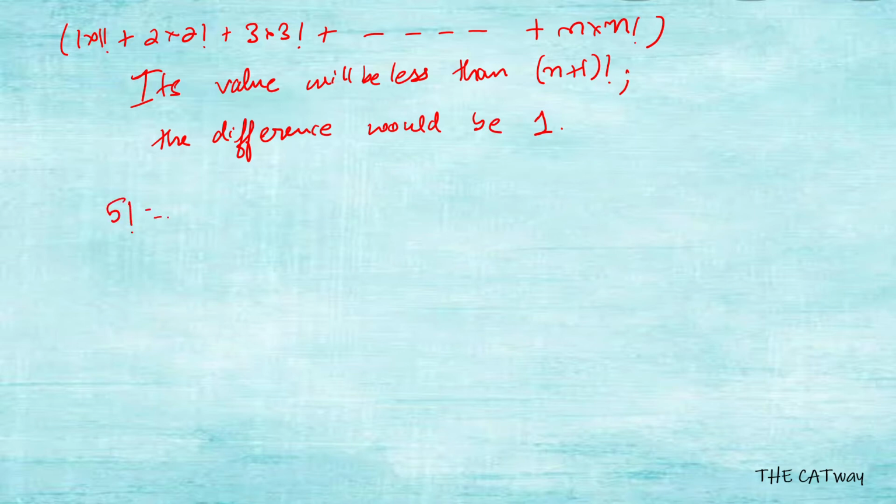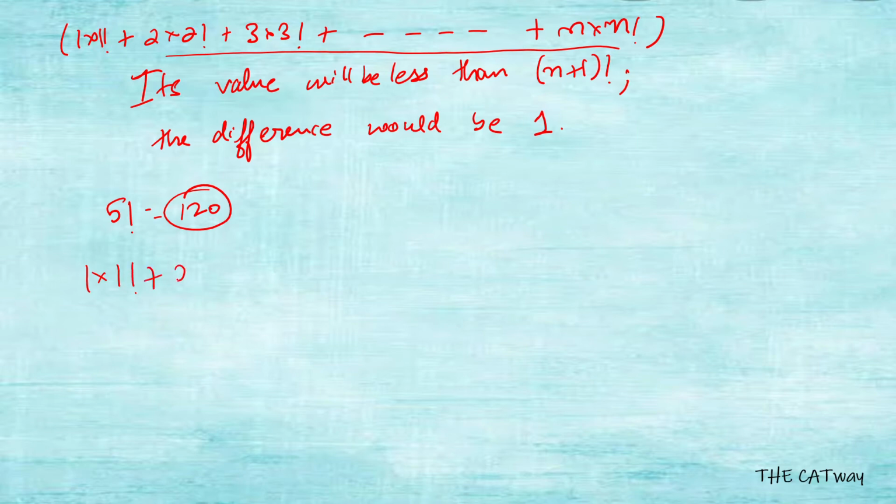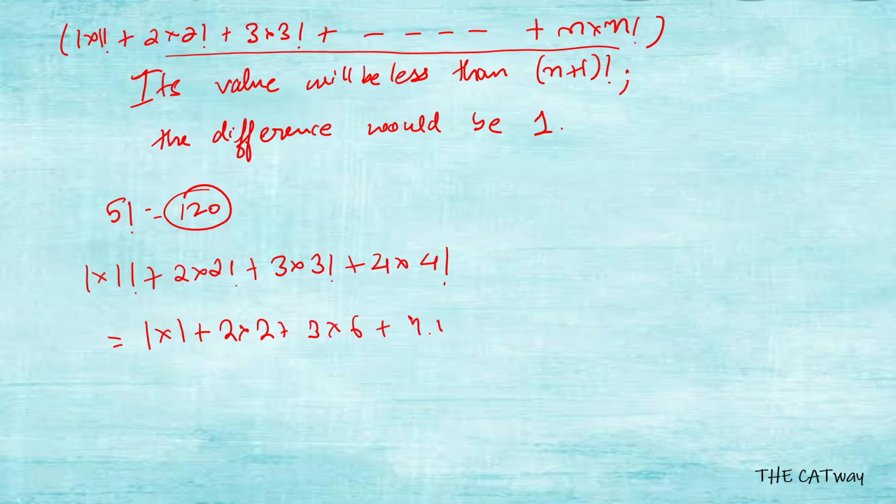So 5 factorial value is 120. Okay, and we will go up till 4. So what we will write is 1 into 1 factorial, 2 into 2 factorial, 3 into 3 factorial, 4 into 4 factorial. Now let's check the value. So 1 into 1 plus 2 into 2 plus 3 into 6 plus 4 into 24.